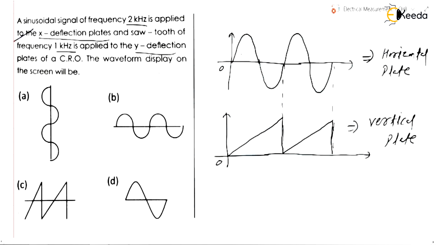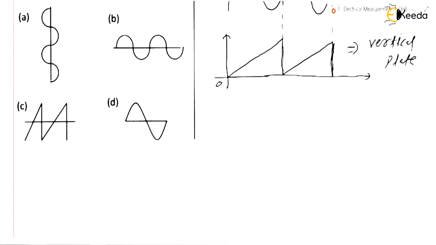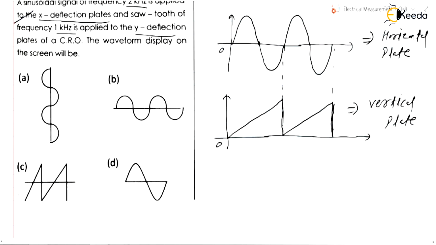Depending on the magnitude of this signal, the electron beam position between the horizontal plates will be determined. And depending on the magnitude of this signal, the electron beam position between the vertical plates is varied. If the horizontal plate consists of this signal and the vertical plate consists of this signal, then on the screen you generally observe this signal only.